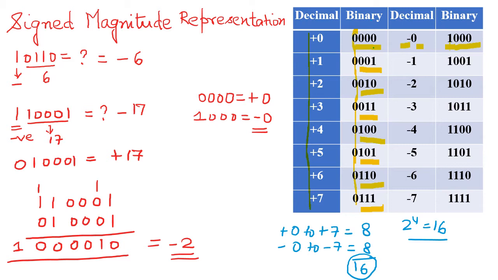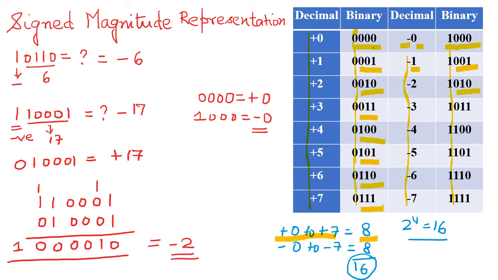So this first digit is 1, indicating the negative sign. The remaining 3 bits indicate the magnitude, that is 001 is 1, 010 is 2, and so on. So the positive values are from plus 0 to plus 7, a total of 8.